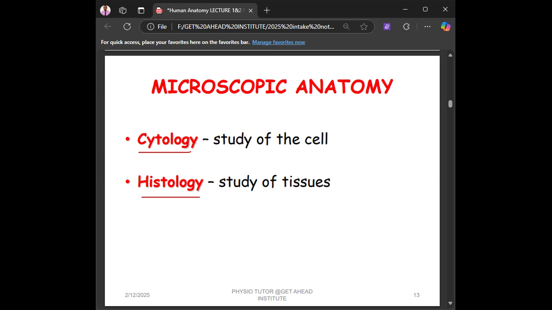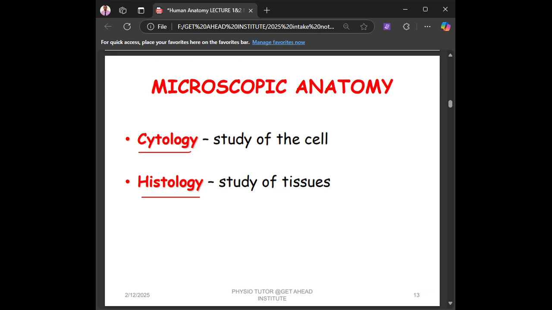We have cyto, which represents cell, then you have logi or logos, which means study. So cytology can also be known as cellular anatomy. This cellular anatomy is just the study of single body cells and their internal structures.